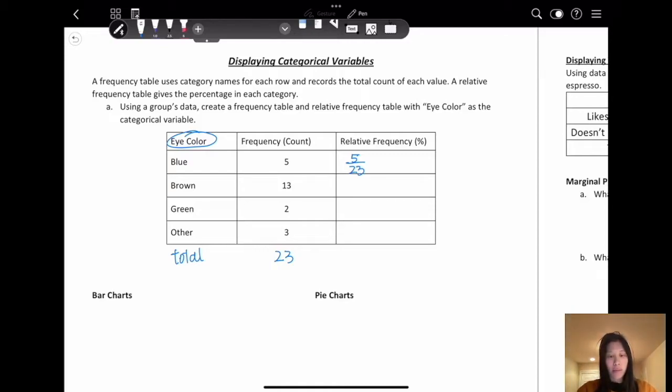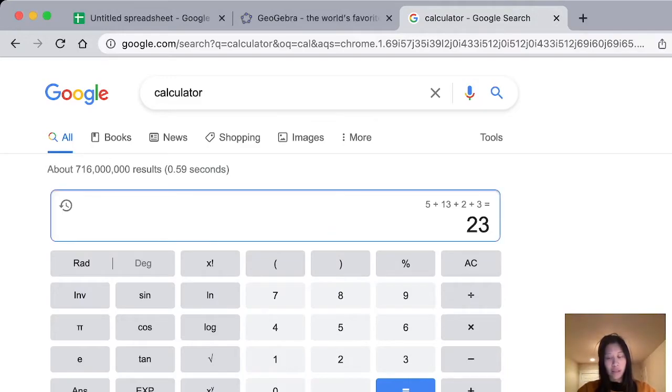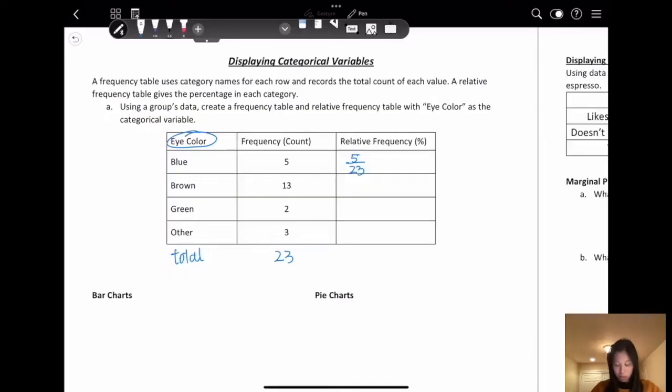Now let's use Google Calculator and see, this is equal to what? 5 divided by 23. We round to two decimal places. So this is equivalent to 21.74%. So we write it down: approximately equal to 21.74%.